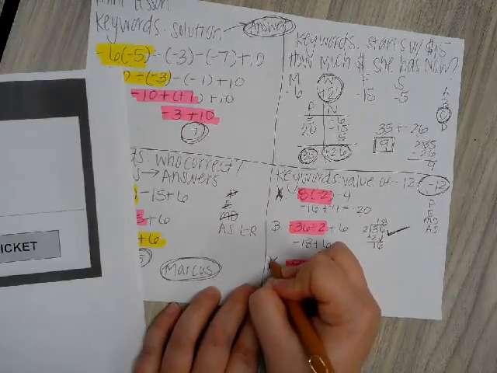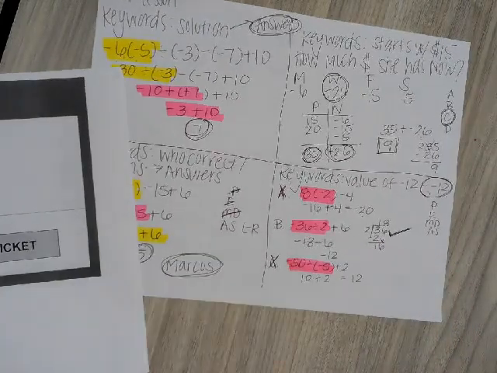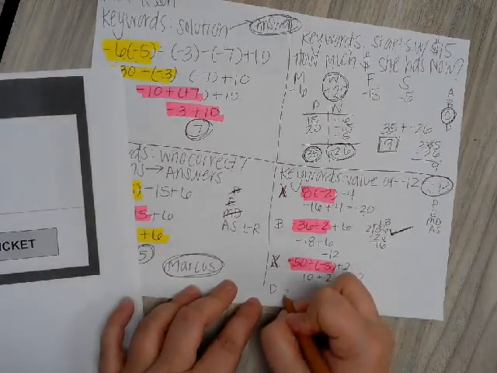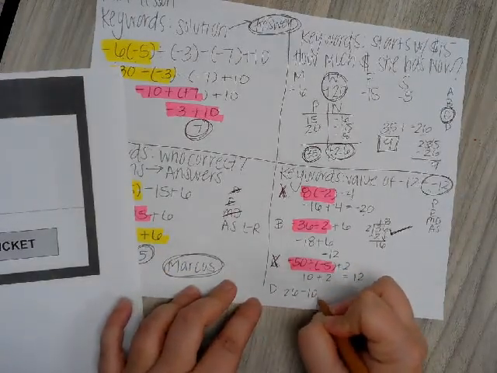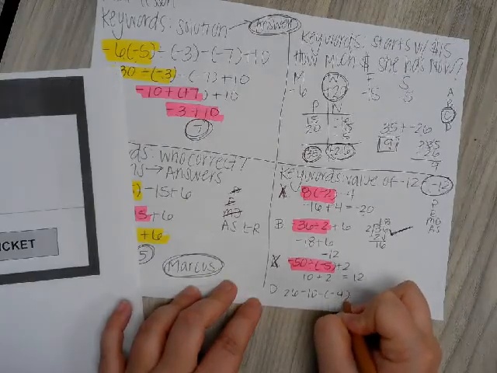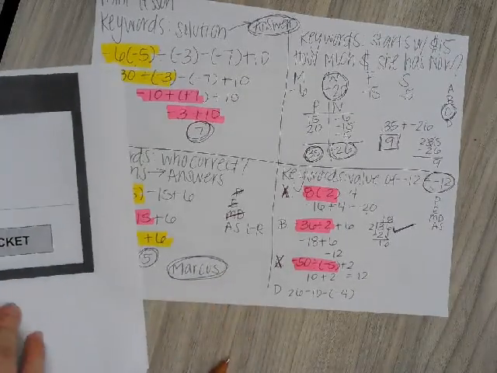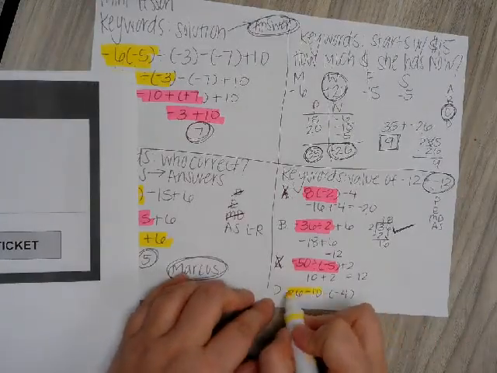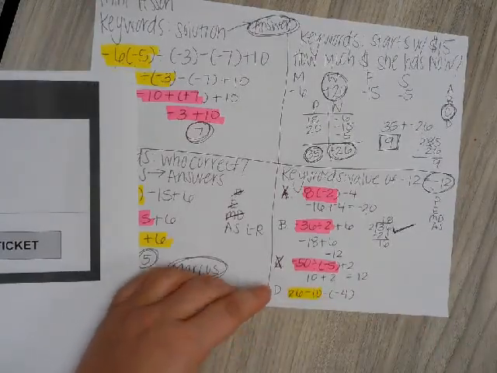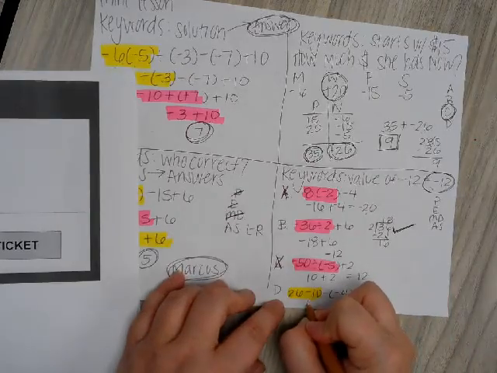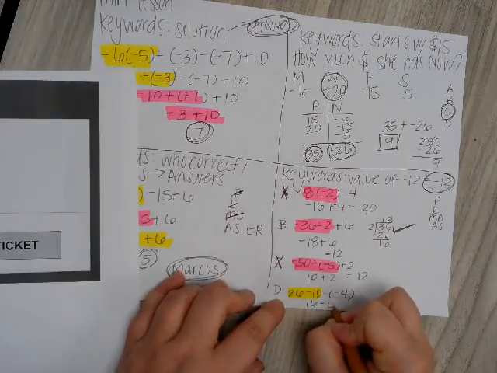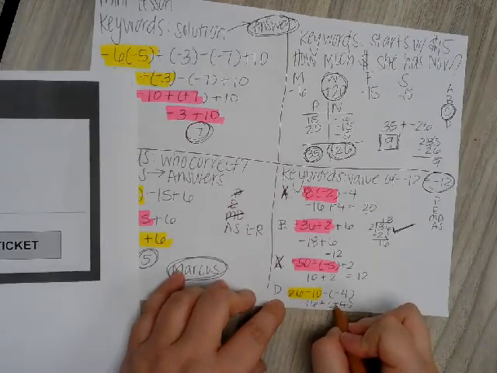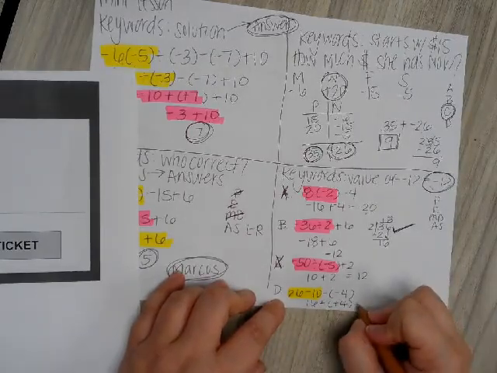And the last one is D. 26 minus 10 minus negative 4. Remember, I only have subtraction in my problem, so I'm going to work from left to right. 26 minus 10, well, that's 16, so 16 minus negative 4. And when I subtract, it's only adding the opposite. So 16 plus 4 is 20. So my answer was B.